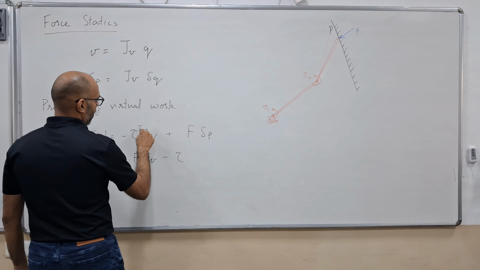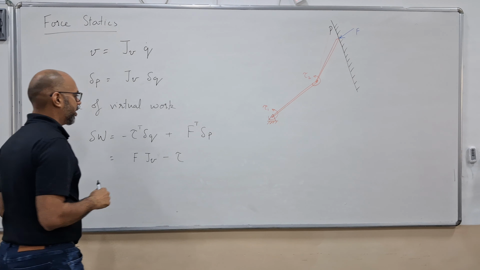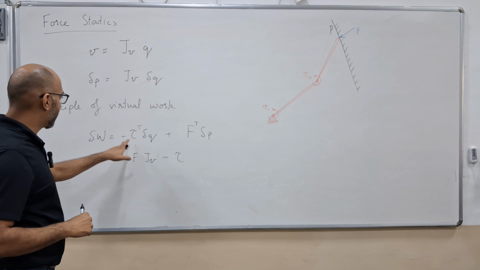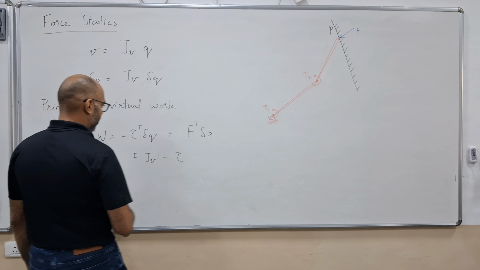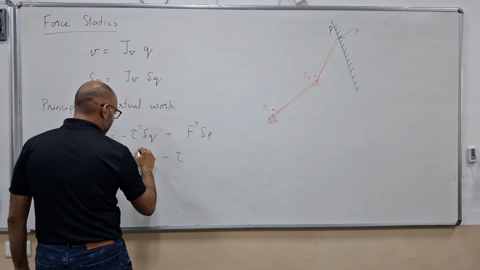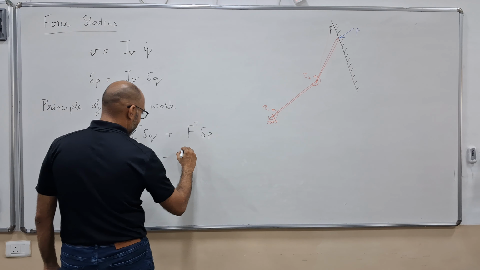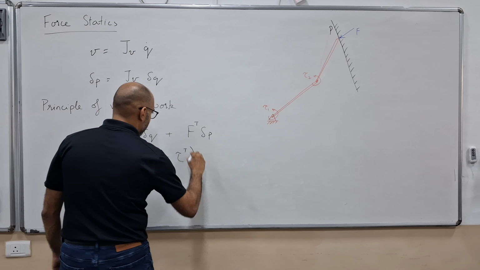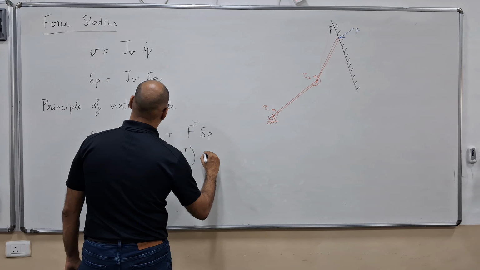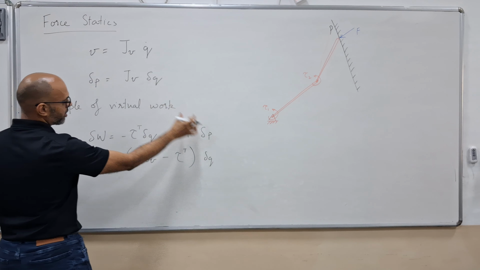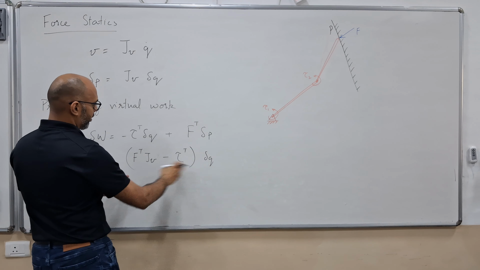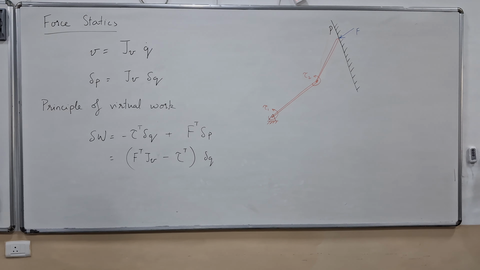By the way, this is a scalar and these are all vectors, so I would have to do a transpose. I had forgotten to put that earlier. So I would get F transpose Jv minus tau transpose multiplied by delta q, right? So I substitute delta p equals Jv times delta q over here and then reorganize it to get this.